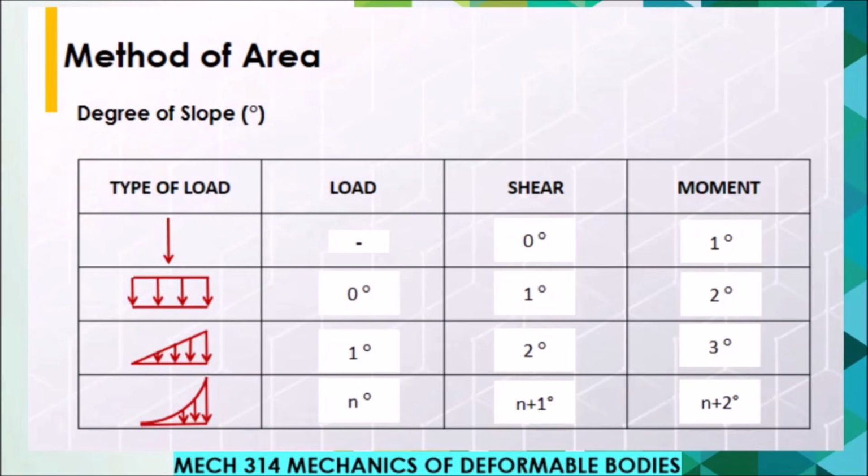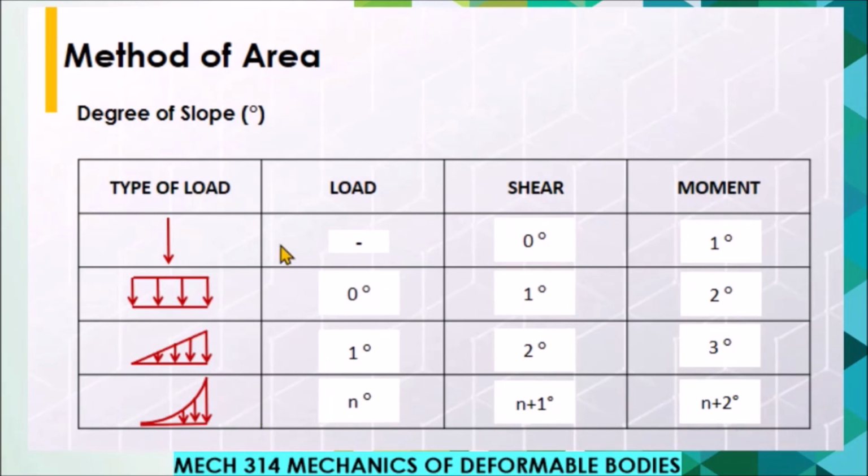So, that is the degree of the slope. So, discuss lang natin para ma-visualize ninyo kung ano ba yung itsura ng mga degrees. So, considering yung type ng ating mga load. So, dito class, meron tayong, dito sa type of load natin, we have a point load, uniformly distributed, linearly varying load, and a varying load.